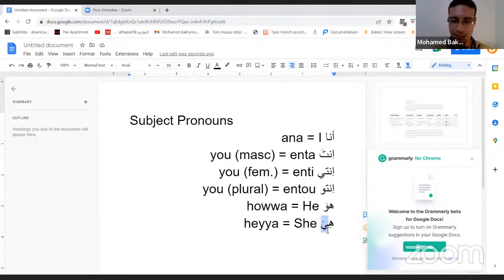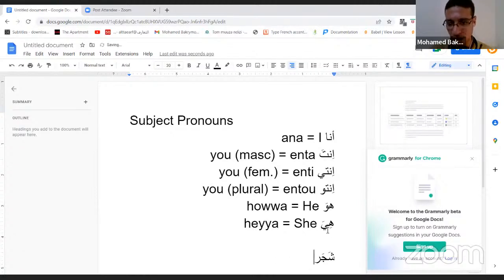So hiya means she, and like huwa, it can be used also with objects if the object is feminine. For example, the word shagara, which means a tree. Tree is feminine. This is shagara, she, hiya.